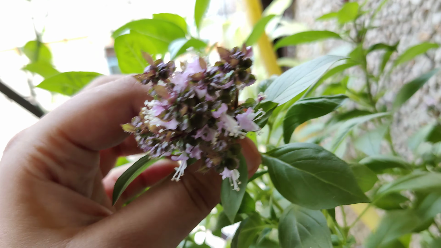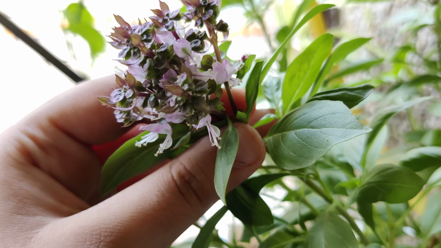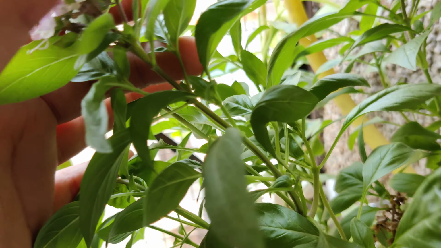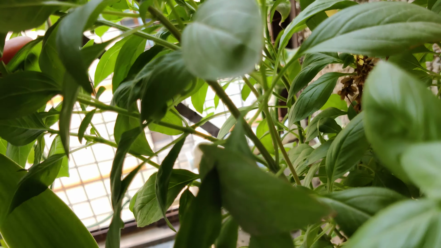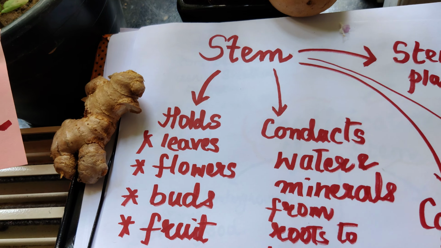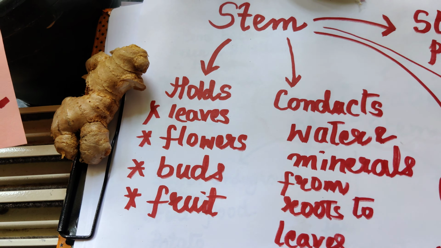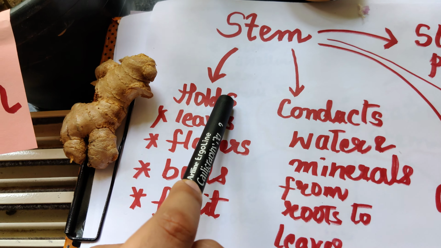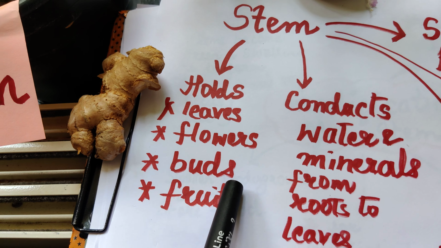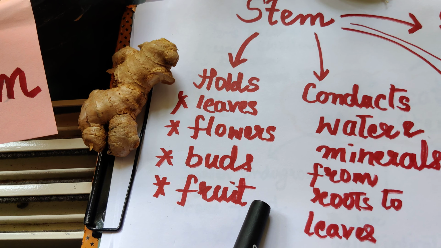See, the buds are there, the flowers are there, the leaves are there, the branches are coming out from the stem portion. So basically, when we talk about the stem, first thing you should know, it holds leaves, flowers, buds, fruits, etc. Branches also, right?